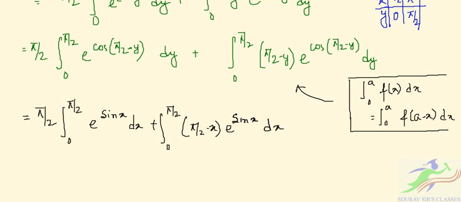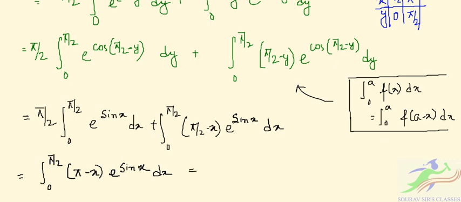Okay, so we can write it in this manner. So pi by 2 is there, so the integral 0 to pi by 2 of pi minus x e to the power sine x dx, or we can write it in this manner.